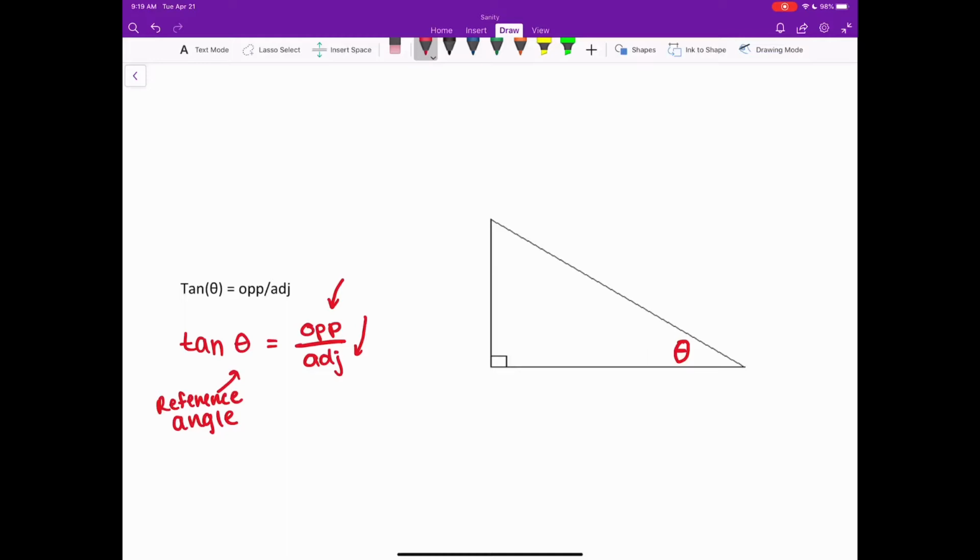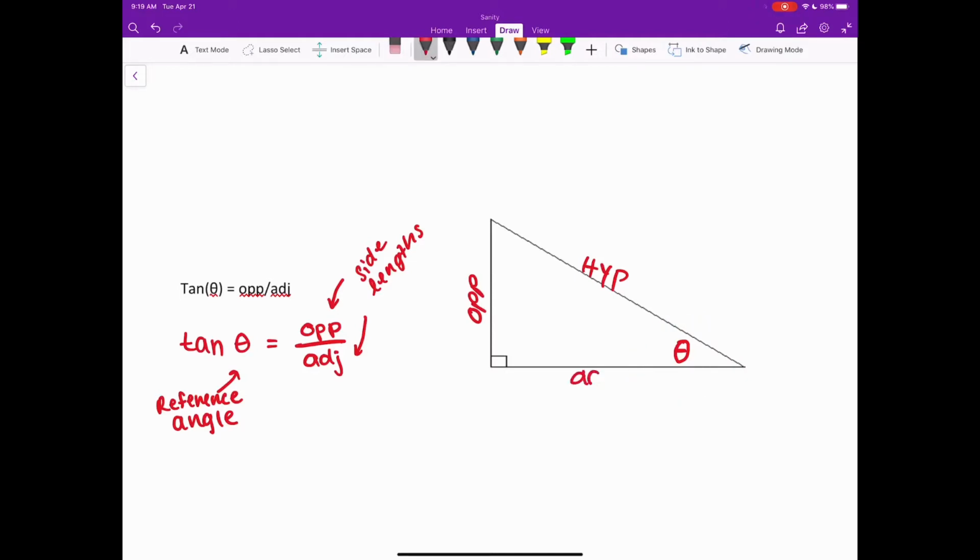So these opposite and adjacent refer to side lengths. And in our right triangle, we always have our hypotenuse here. We have our opposite side, which is going to be opposite of our reference angle, theta. So that means that this side is our opposite side. And then the adjacent side, again, adjacent, like next to, right? So it's the side that's next to our angle theta that is not the hypotenuse.